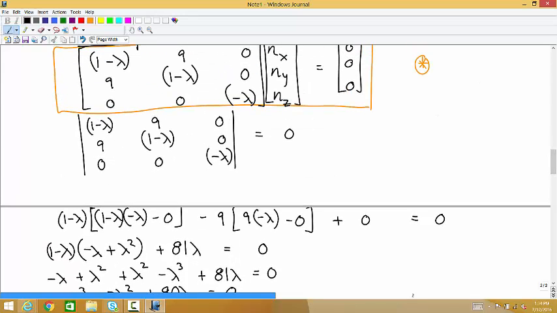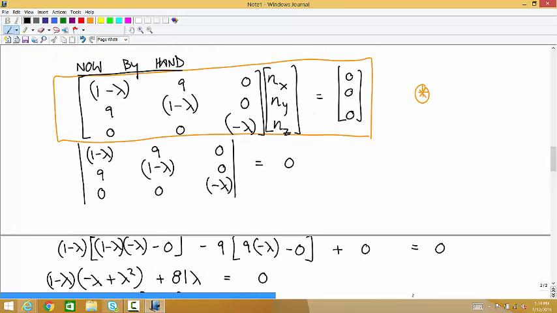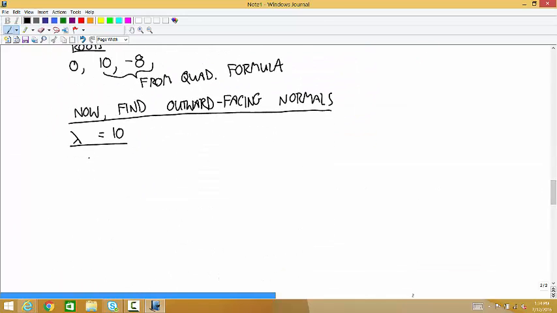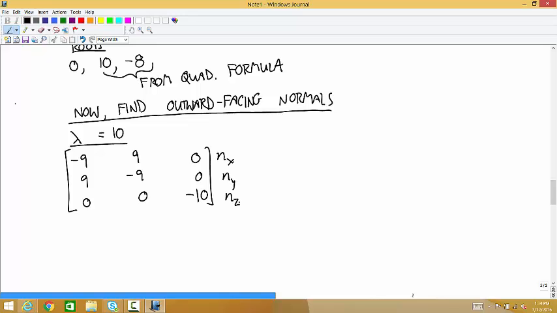So we're going to get, so 1 minus 10, this will be negative 9, this will be negative 9, this will be negative 10. So negative 9, 9, 0, 9, negative 9, 0, 0, 0, negative 10, times nx, ny, nz is equal to zeros.